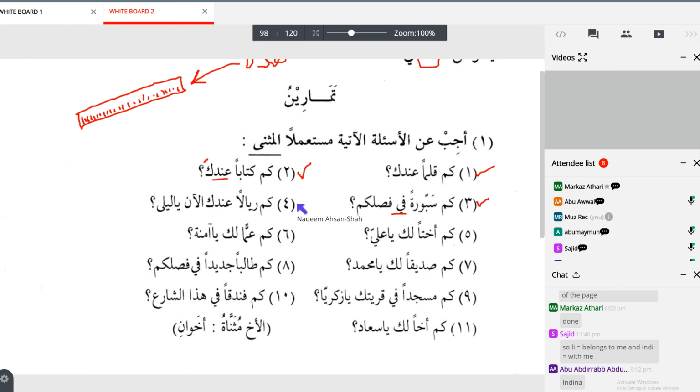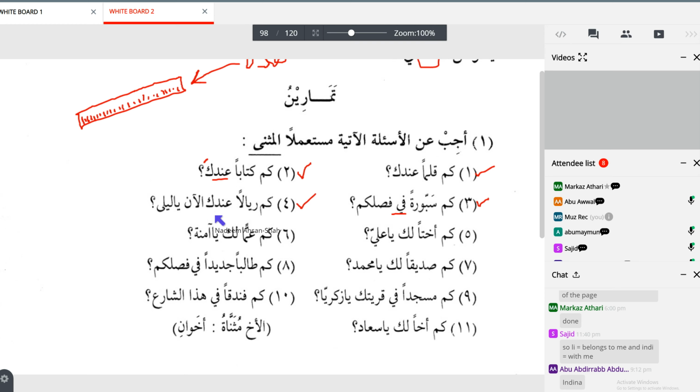Abu Maymun, if you could ask the question to Sajid. كم ريالا عندك الآن يا ليلى? Is that right? That's correct. Very good reading, alhamdulillah. Can Abdul Qayyum get the mic, please? Can we have one more attempt on that? Because this may have to be the last question.